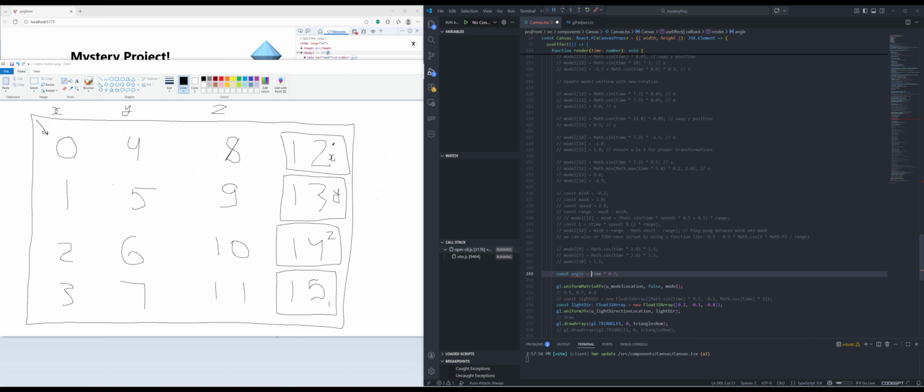The easiest way of giving the angles to the program, I found out, is this: for example, if we're going to 45 degrees, we multiply our degrees, what we want to turn our object by, by Math.PI, so it's the pi number, divided by 180.